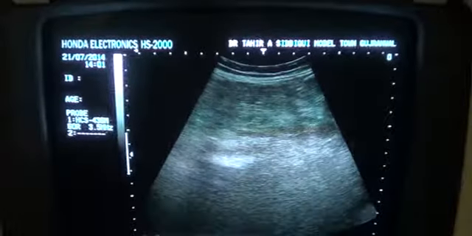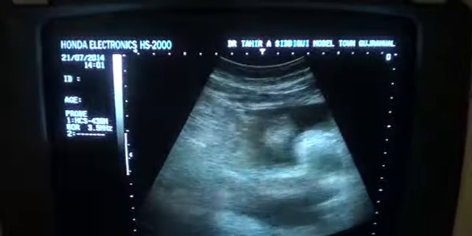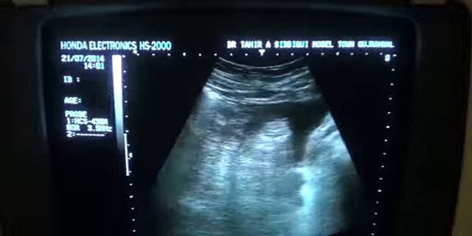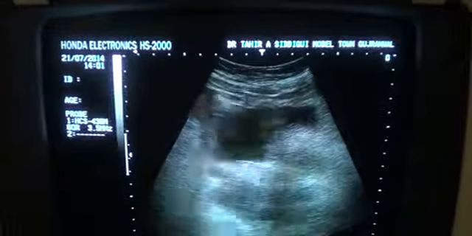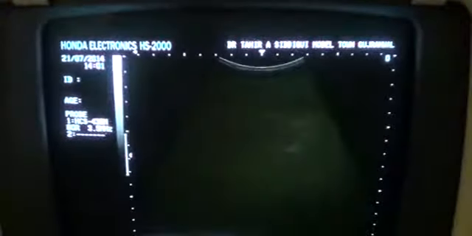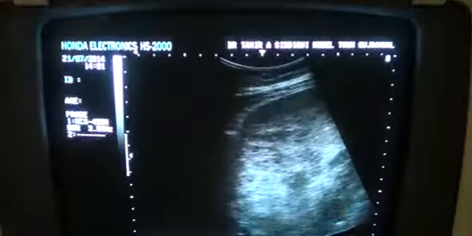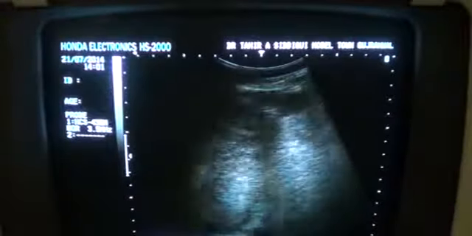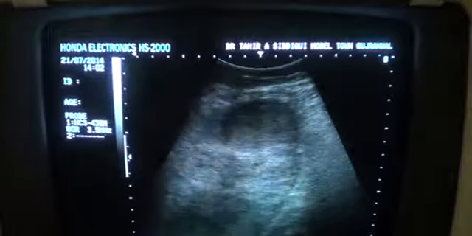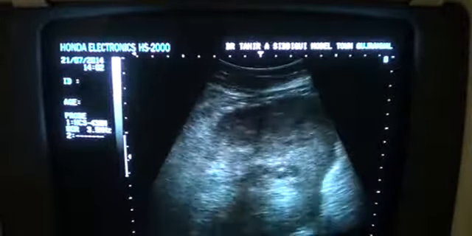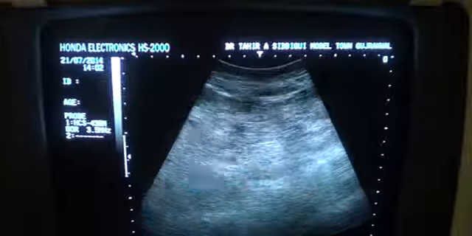There are no lymph nodes, so this mass is in fact not related to either the kidney, the gallbladder, the liver or the pancreas. So it's most probably a retroperitoneal mass with ascites.